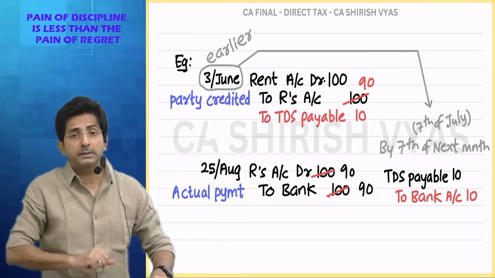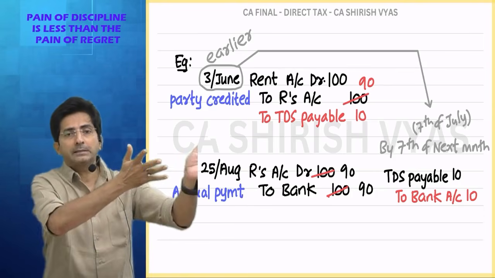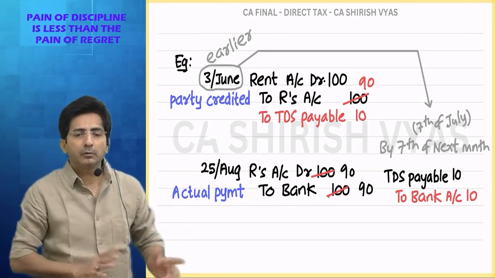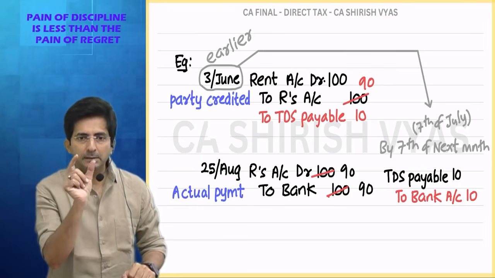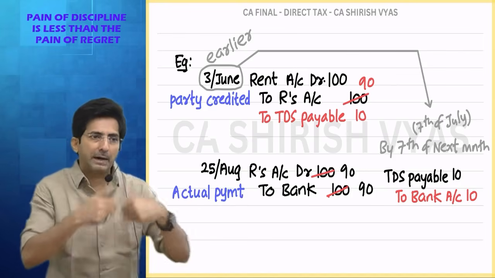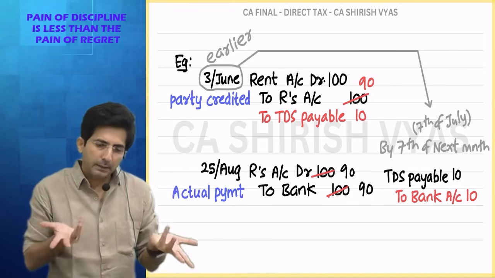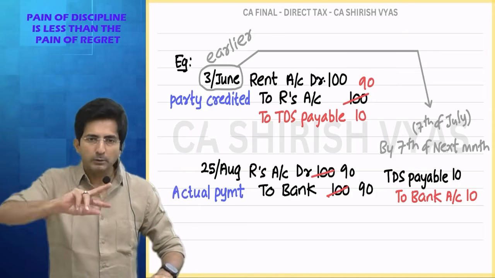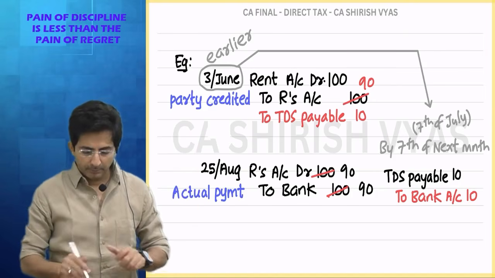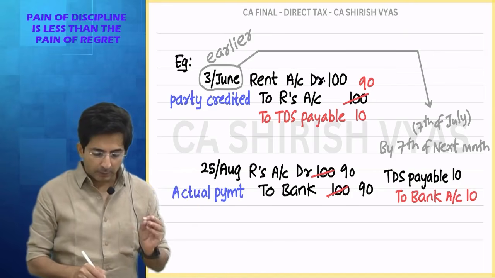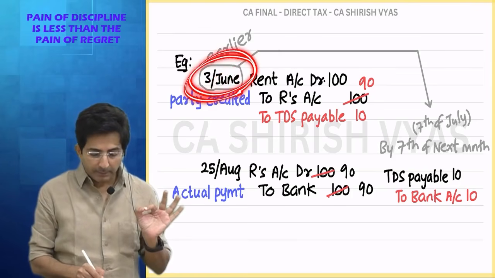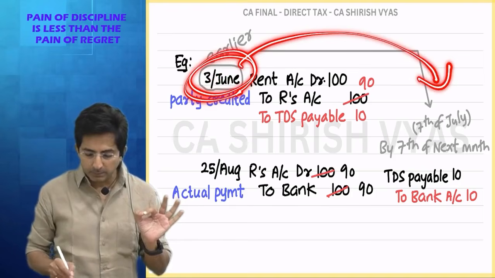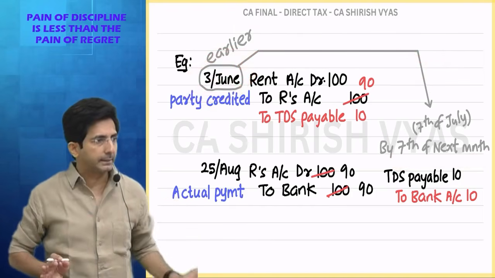Because then what government says, when the party itself has got the money, why will we wait? Because TDS is the portion of that amount only. When the party itself has got the amount, give the TDS to us also. In short, the rule is whichever is earlier. But see, whatever comes earlier, that month becomes a base. And after that, 7th of next month, you have to deposit the TDS.